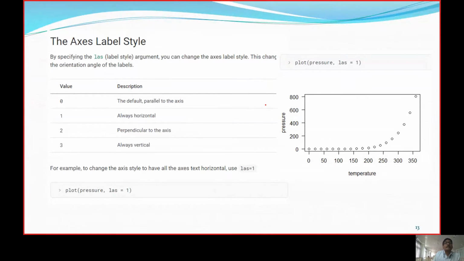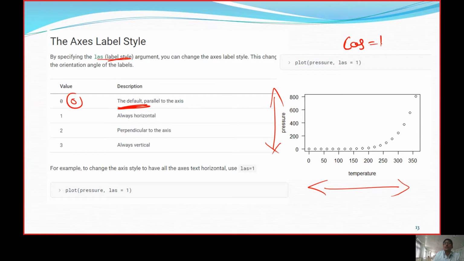So next come the label styles. How the label should occur, whether it should occur in a horizontal way or in a vertical way. By default, the value is 0. When we mention las equals 1, then we are saying it should be in a horizontal mode.